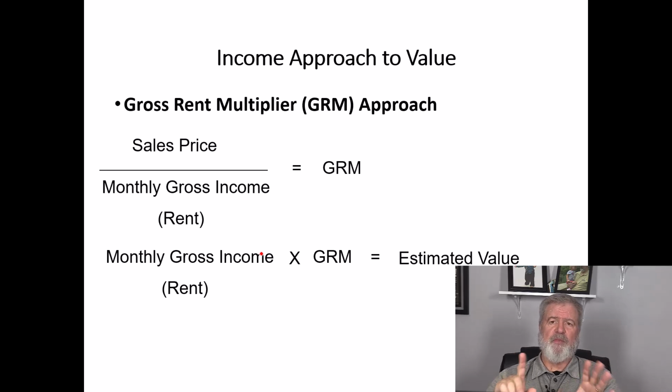So, a couple of things before we look at an example of this math. This is one that real estate agents should be using a fair amount, quite frankly. And I'm going to try to help you out here and put you a little bit ahead of most agents, because a lot of real estate agents are making terrible mistakes here.